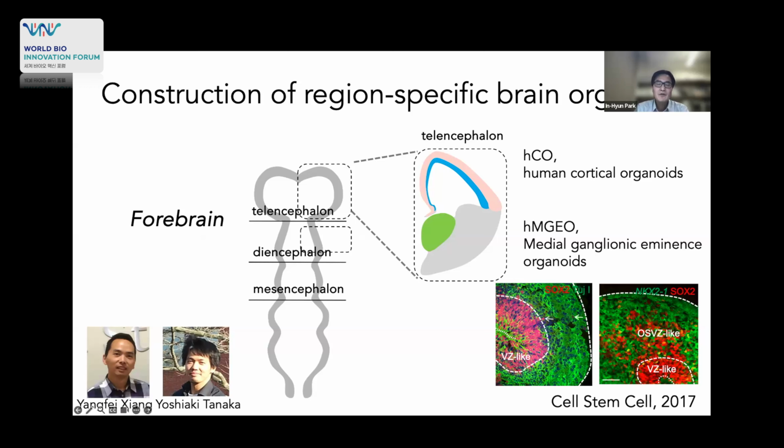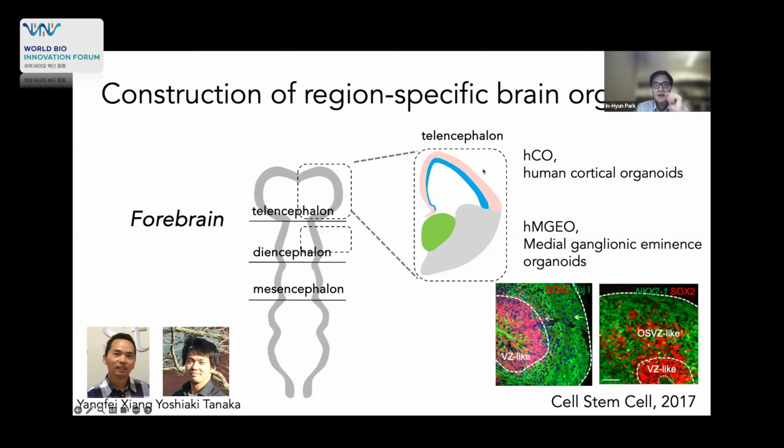A few years ago, we established and published a method to produce the dorsal part of the human brain. We simply named them human cortical organoids. Basically, this human cortical organoid represents the dorsal cortical area of the human brain.